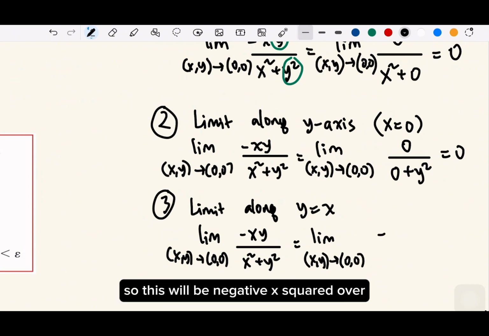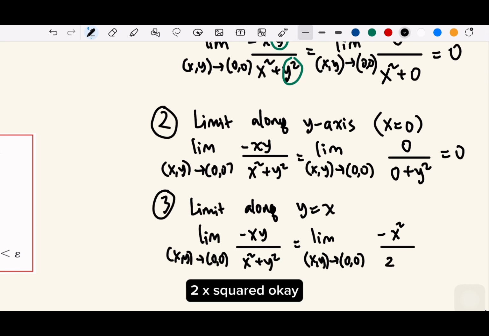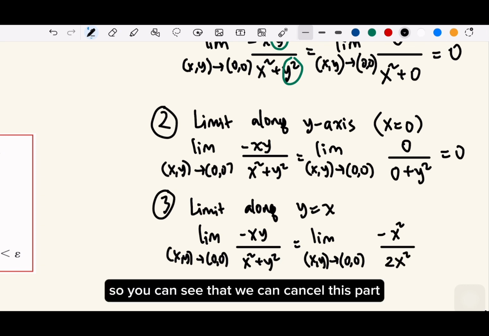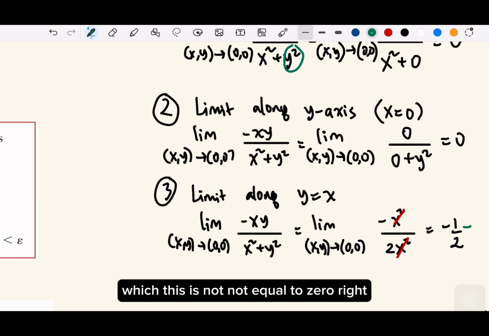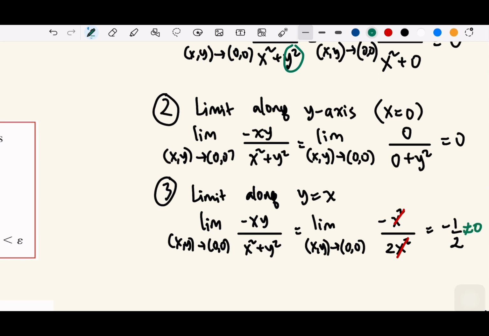So this will be negative x squared over 2x squared, okay? So you can see that we can cancel this part, which gives you negative 1 over 2. Which is not equal to 0, right? Not equal to 0.